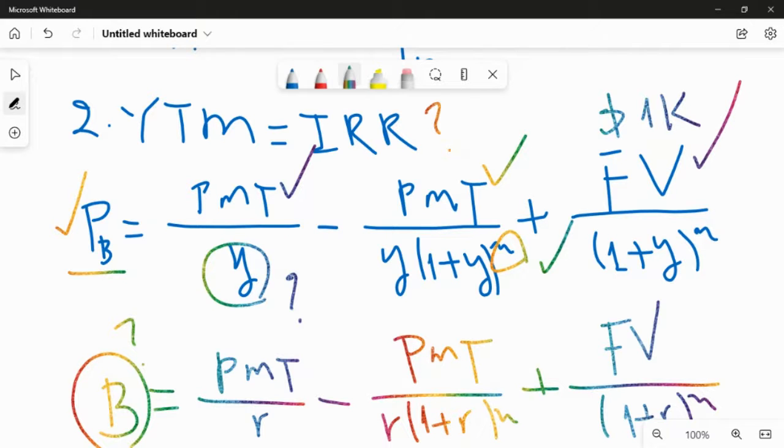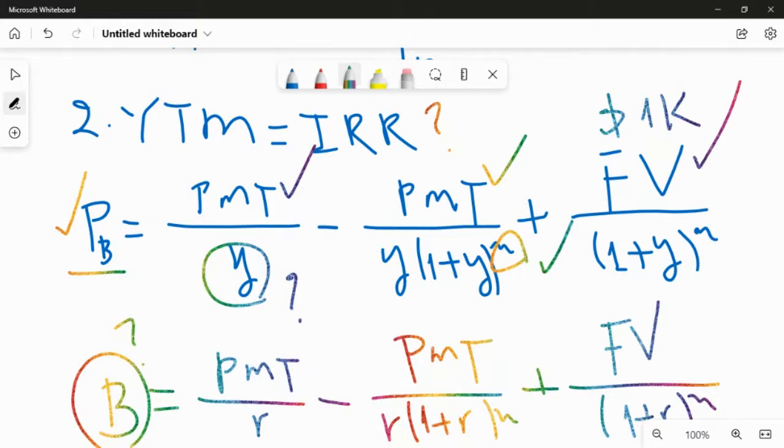The coupon payment is known too, because all coupon bonds have a stated coupon interest rate. Maturity is known. So the only thing that is unknown is the discount rate.